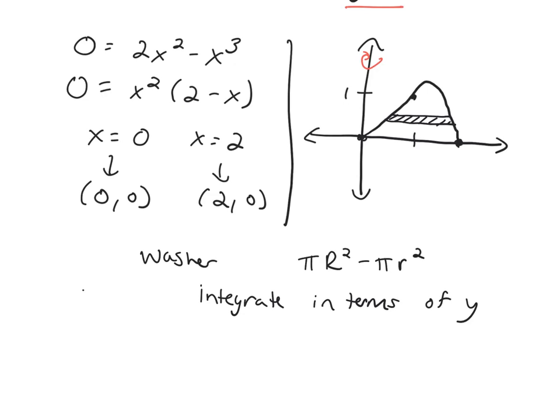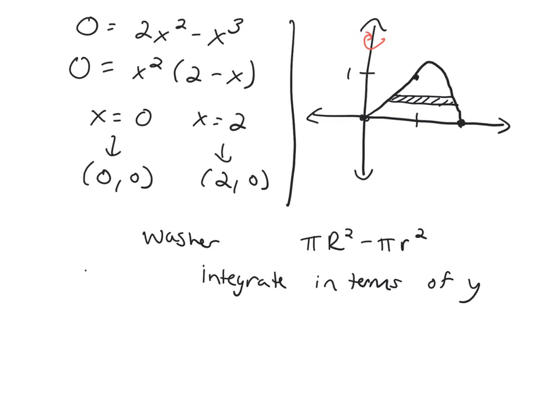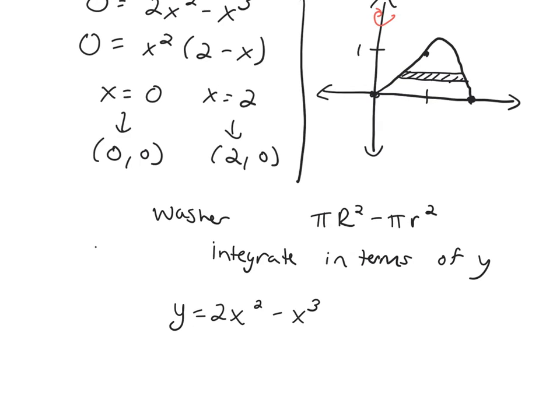Now, left and right, these two radii, my little one and my big one, both come from the same function. They both come from this function y equals 2x squared minus x cubed. I need to solve for x in this equation. Is that easy to do? Could you solve for x here?